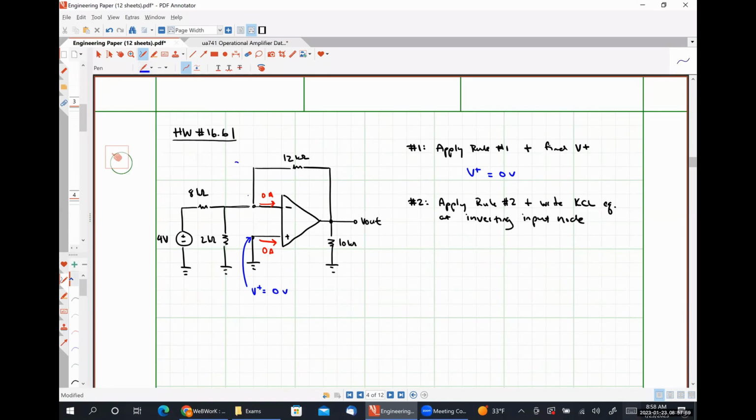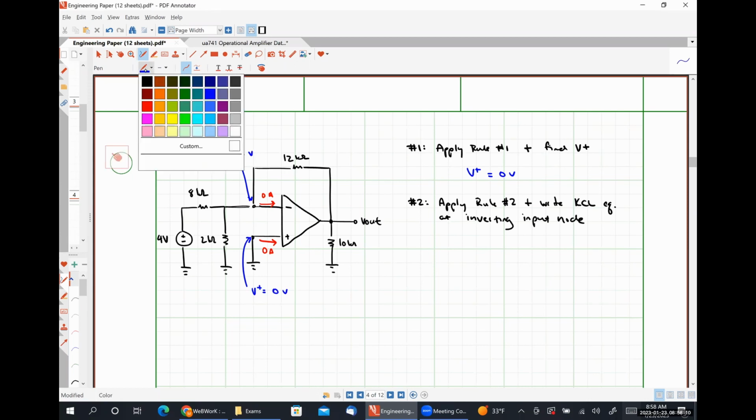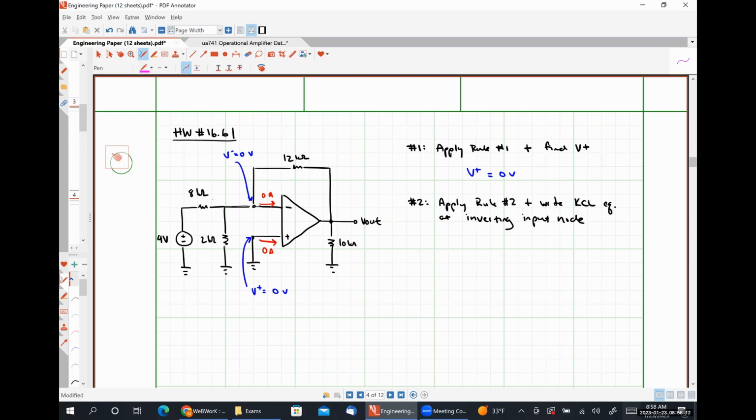So that means we recognize that this voltage here is 0 volts. And now we are going to write our KCL equation. So we're going to be adding this current to the left, plus this current down, plus this current up and to the right, and setting them equal to 0.